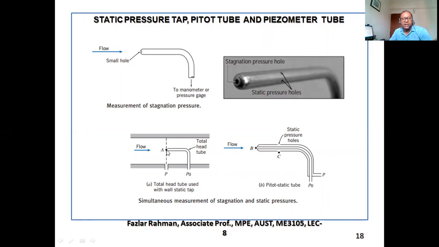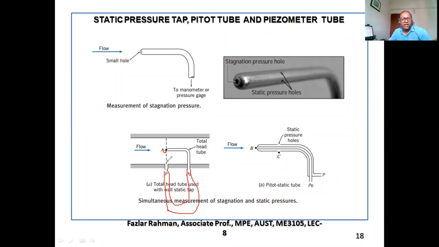Right over here, the velocity will be 0. And there is one more hole in the pipeline. Now, if you attach a U-tube manometer, then what will happen? Right over here, velocity is 0. Right over here it is not 0.